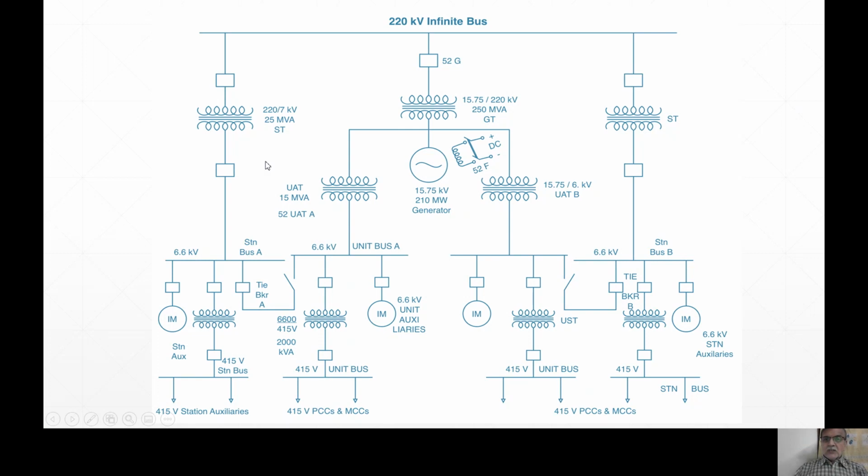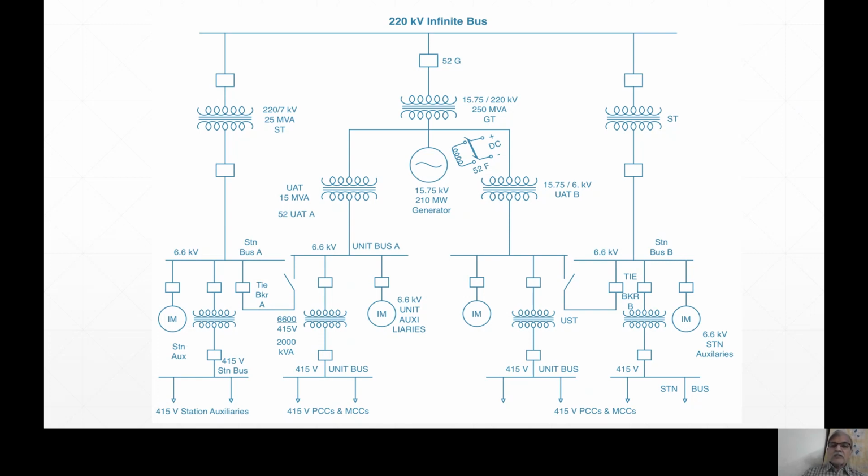Second, for the 15.75 kV, 210 megawatt generator, usually 0.85 is the design power factor. The current calculated is 9050 amperes, roughly 10,000 ampere. So the rated capacity of the breaker has to be 10,000 ampere. So there is no breaker between generator and GT.